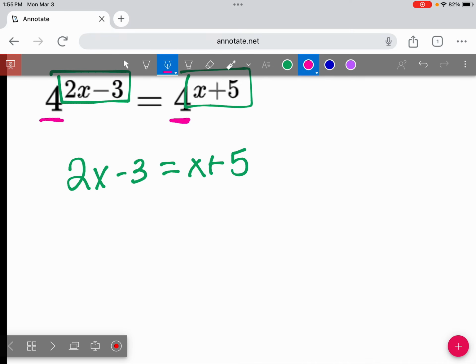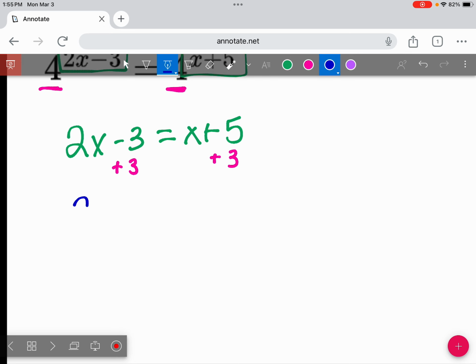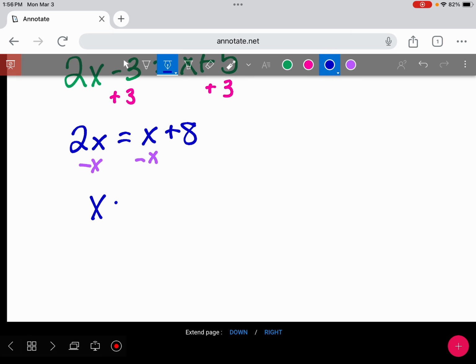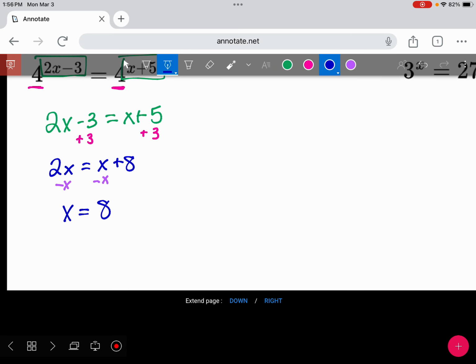I heard like 4 different ideas that all happened at the exact same moment. Add 3. That's one of the options. We have lots of ways through it. So we'll have our 2x equals x plus 8. Then what? Minus x. That's going to leave me with x equals 8.